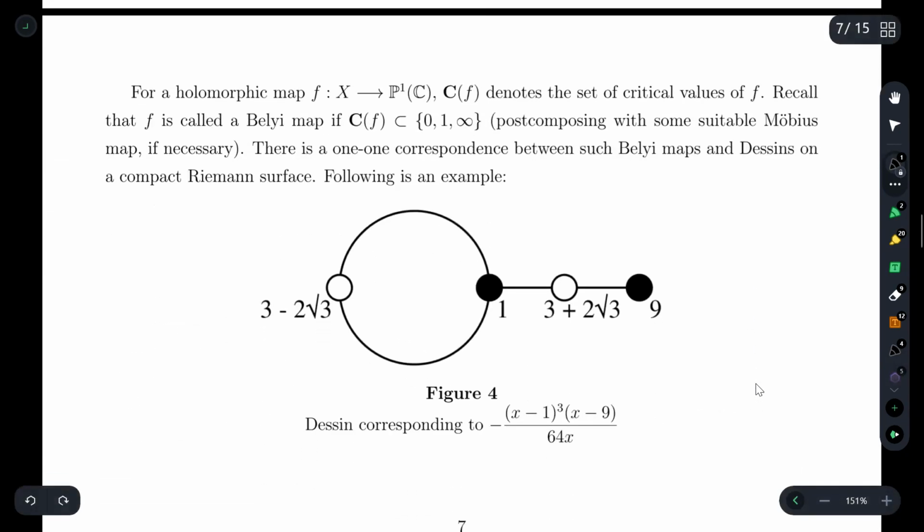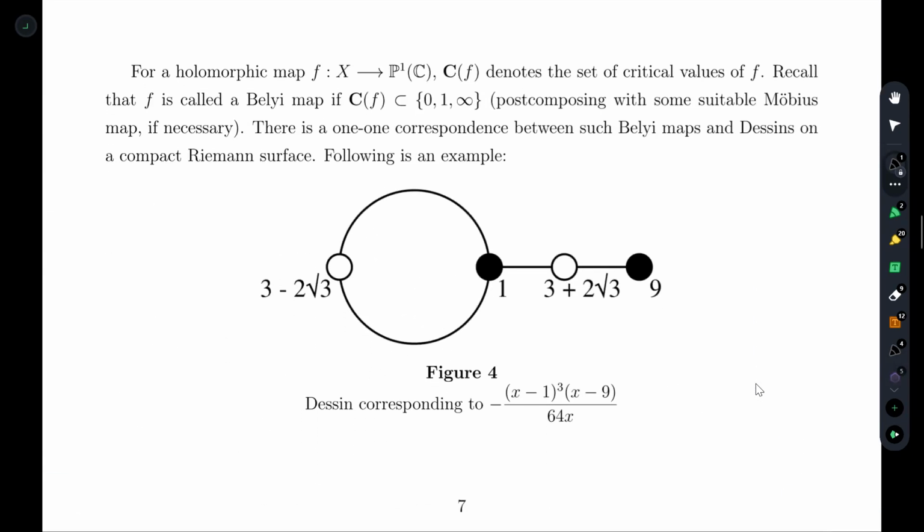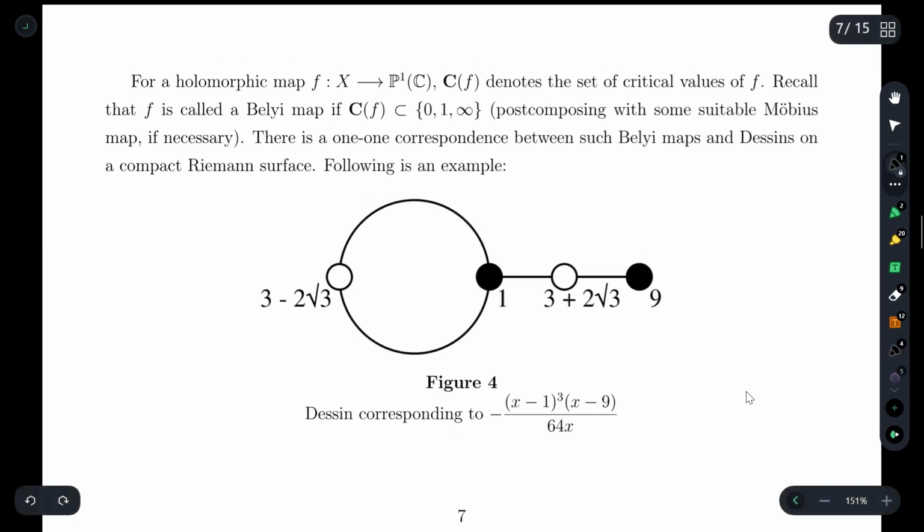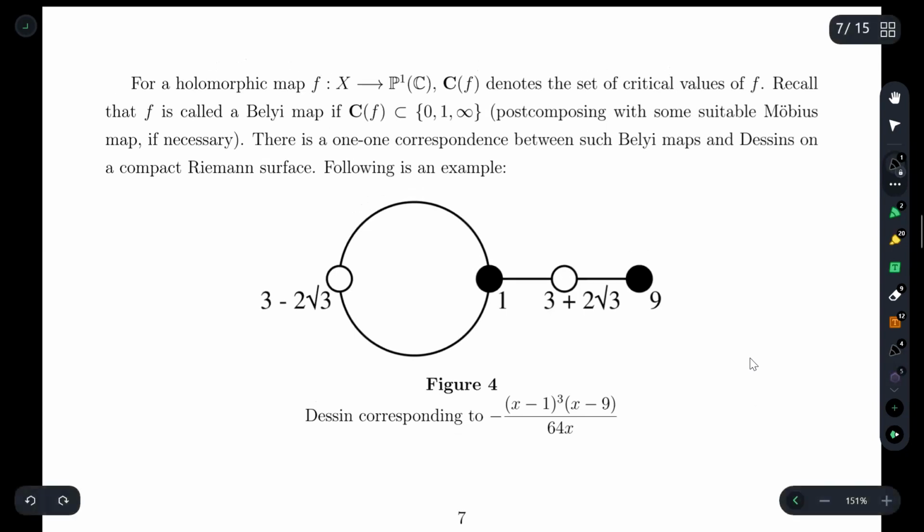So let me recall some notation. I have also used the same notation in my previous slide. In my previous representation, for a holomorphic map f from a compact Riemann surface X to the complex projective line, the Riemann sphere, we denote by C(f) the critical values of f.